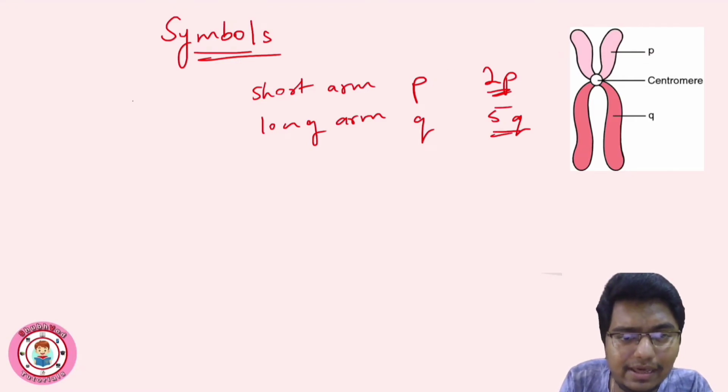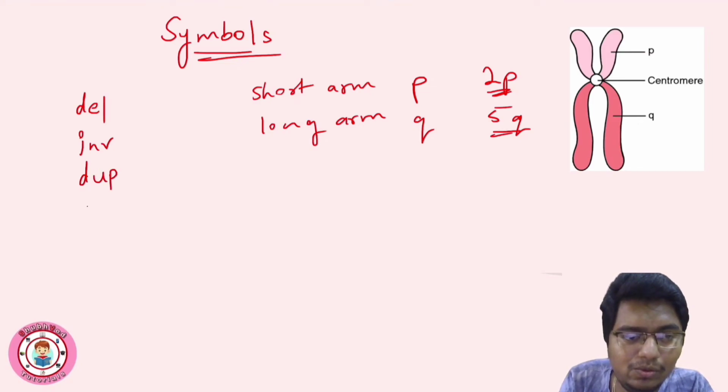There are also some chromosomal abnormalities: del means deletion, then inversion, duplication, and translocation. Translocation can be written as t(2;5), meaning reciprocal translocation between chromosome 2 and 5.